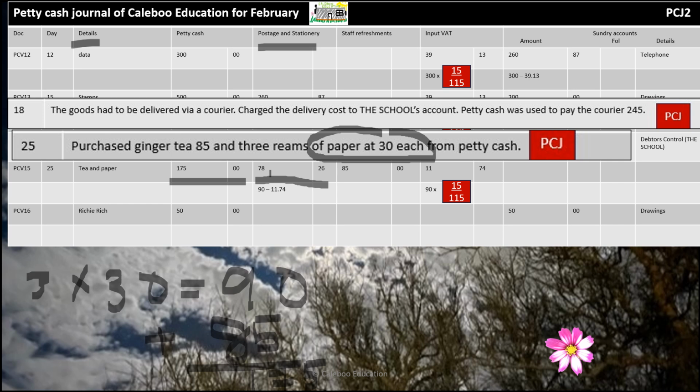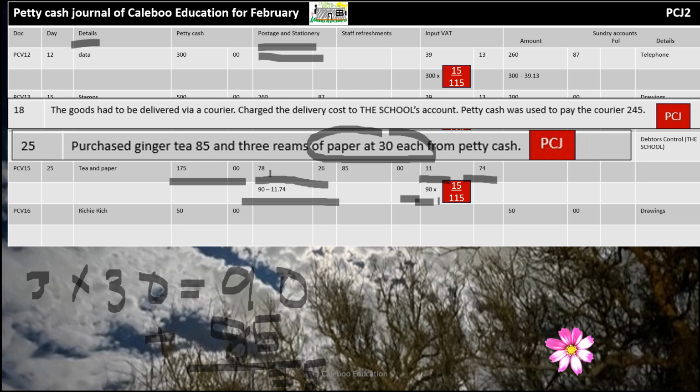We can claim input VAT only on the 3 reams of paper, which comes to 90 Rand. So to calculate the input VAT we can claim, we say 90 times by 15 over 115 is 11 Rand 74. And 90 minus 11 Rand 74 will give you the exclusive cost of the paper, which we've put under postage and stationery.